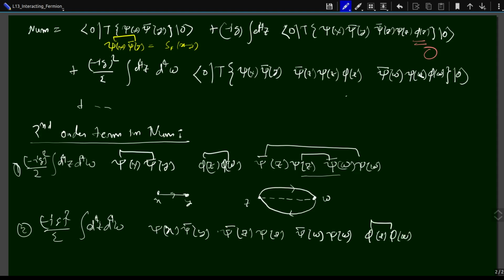So let me say both x and y get contracted with z in this example. So I'm going to have contraction of ψ with the ψ̄ and this ψ̄. Okay, this contraction happened and this contraction happened like this.